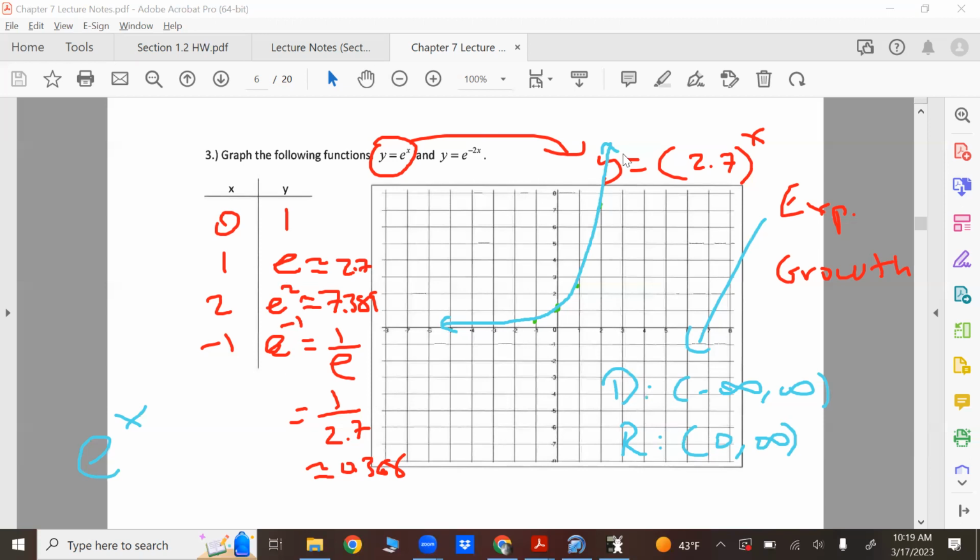I talked about asymptotes in the last class, so I'm glad I'm doing this because it might reinforce things in the Zoom call on Wednesday. This is called a horizontal asymptote. It's like an end behavior.